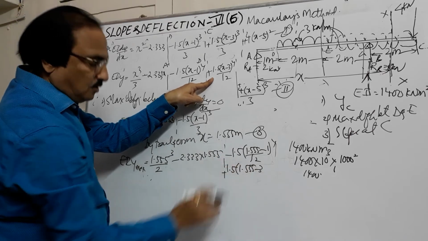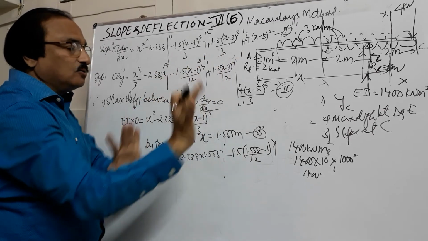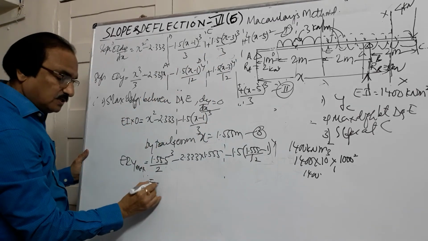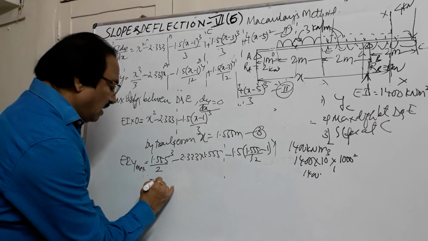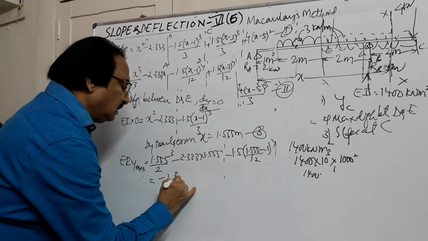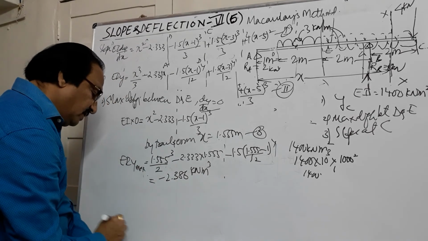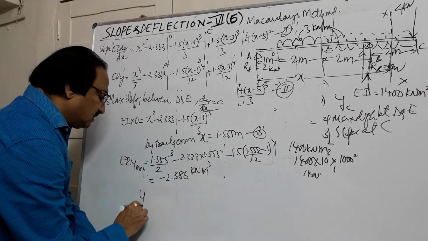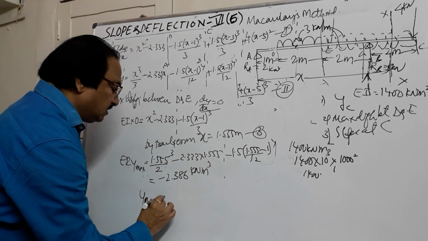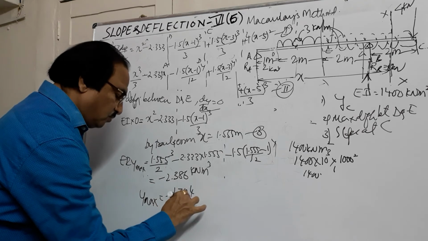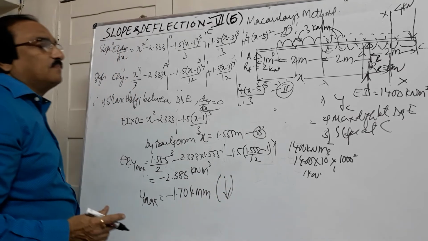So this becomes negative, so this part will go away because 1.555 minus 3 is negative. So left that part. If you simplify this for maximum, you get the value as minus 2.386 kilonewton meter cube. By substituting the value of EI, you get Y max is equal to minus 1.704 mm. So this negative indicates it is acting downwards.